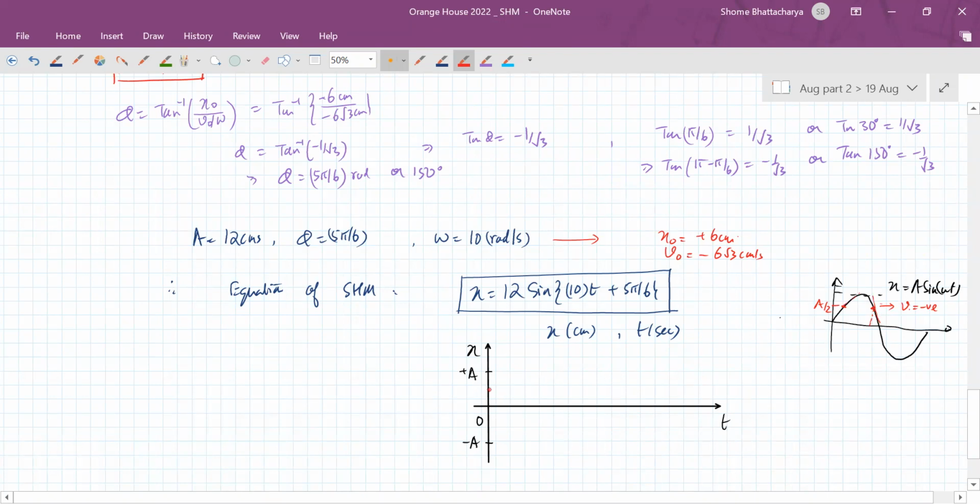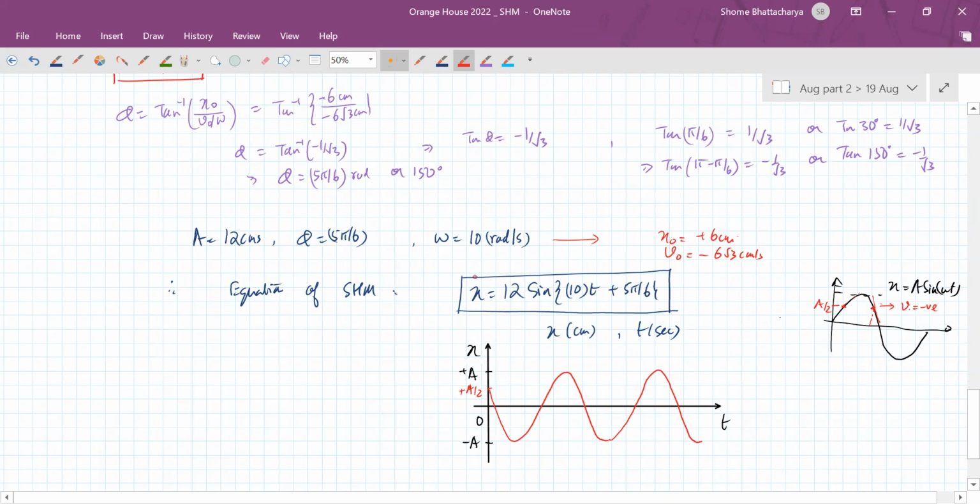So the graph should look like this, as if this point is shifted to the origin at t equal to 0. This is what the SHM will look like. Starting from A by 2, but having a negative velocity.